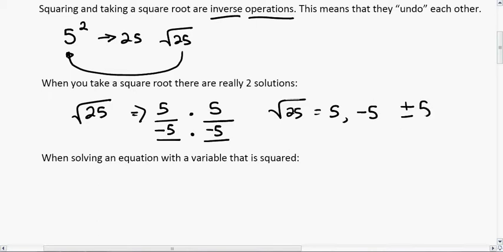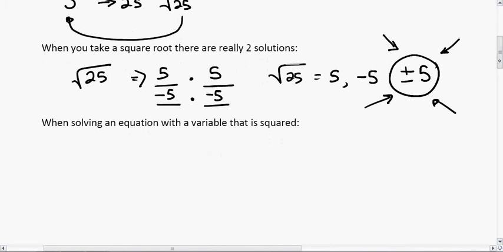You write this little plus over a minus sign, and that just means +5 and -5. Whenever we're solving equations by taking square roots, we always want to consider that there are actually two solutions, and in most cases, write plus or minus whatever that answer is.